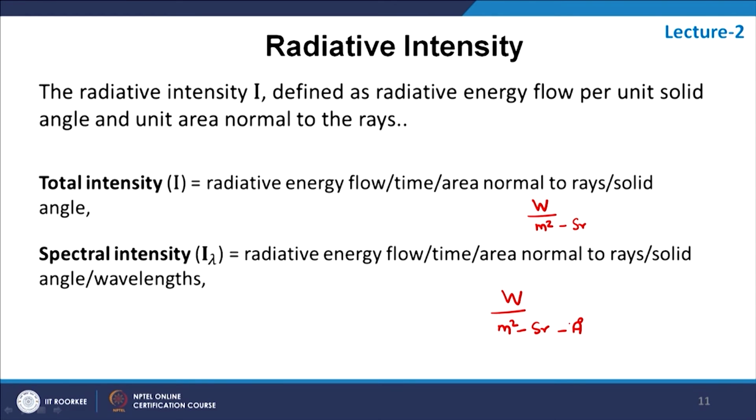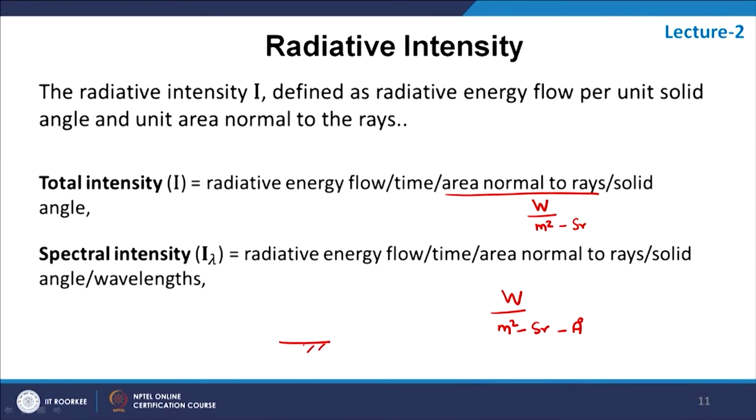Now, one thing you should remember is that when we talk about area normal to rays in the intensity, we are not talking about the area from which the radiation is emitted. We are talking about the area which is normal to the intensity. If you have this surface and it is emitting radiation in this solid angle, then we are talking about this area which is normal to the rays.